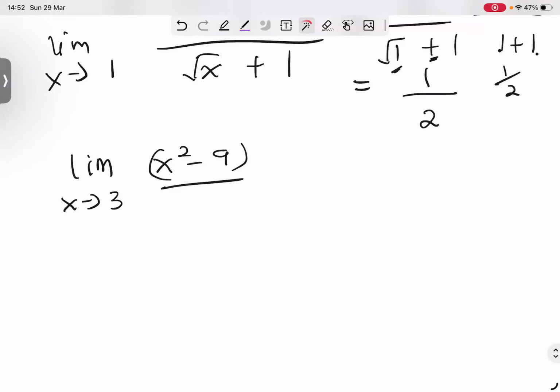Do we have to rationalize it? Yes. As soon as you see a radical or a surd, you have to rationalize. So we need to check the numerator and at the same time the denominator as well. Yes, you need to check both, and then you perform the rationalization.